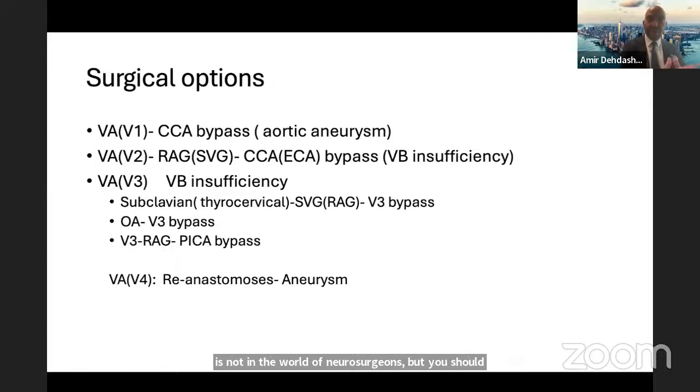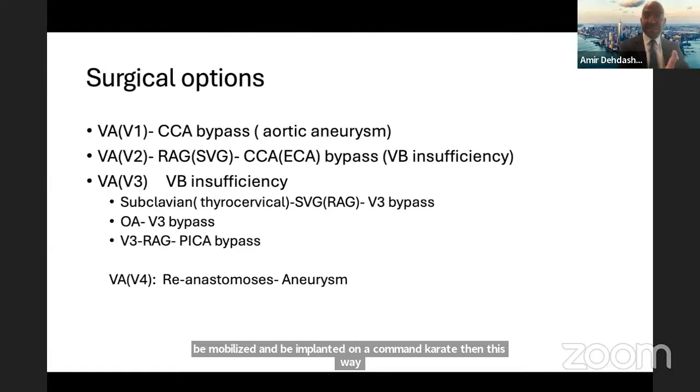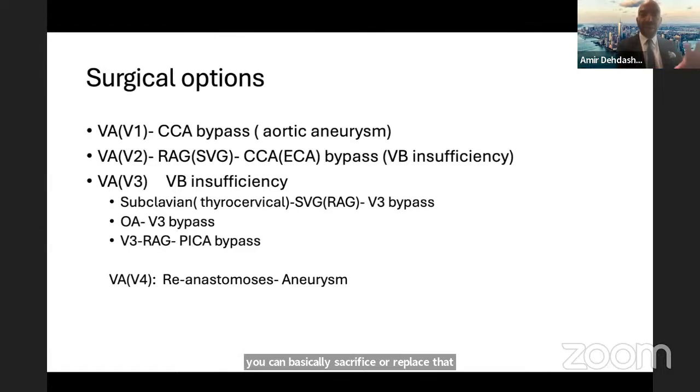Where the aortic segment needs to be sacrificed or replaced, we have to do something with the vertebral artery. So the V1 will be mobilized and implanted on the common carotid. This way, you can basically sacrifice or replace that segment of aorta without worrying about the vertebral artery.